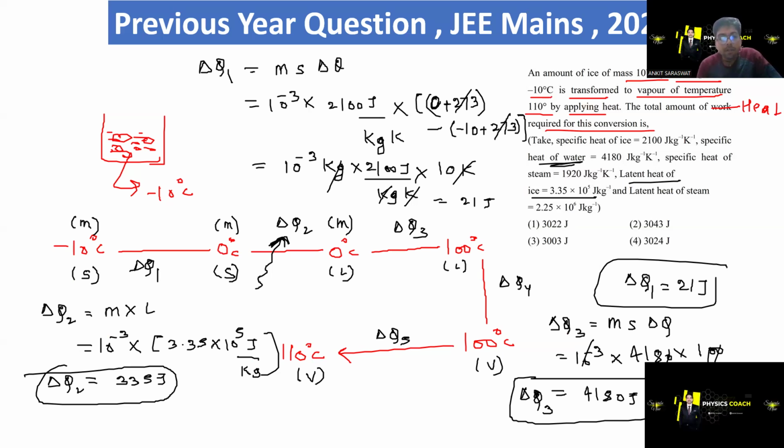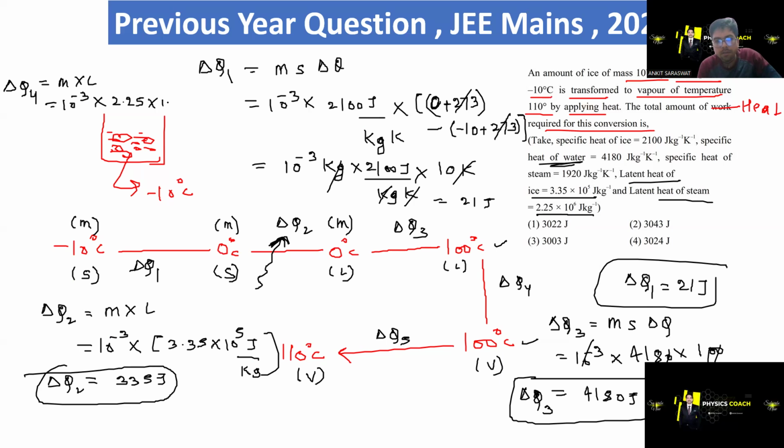In a similar way, you will calculate delta Q4. There is no change in temperature, you can check 100, 100. So m into L. M is 10 to the power minus 3. L is the latent heat of steam, which is 2.25 multiplied by 10 to the power 6.